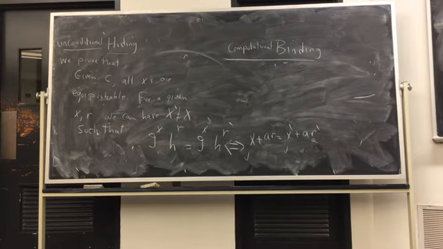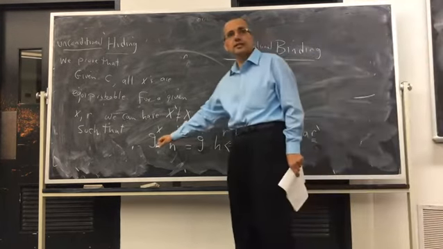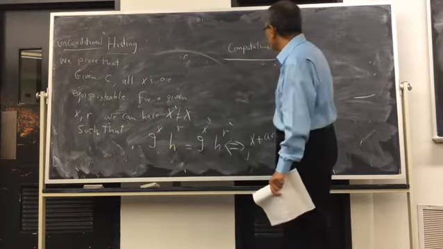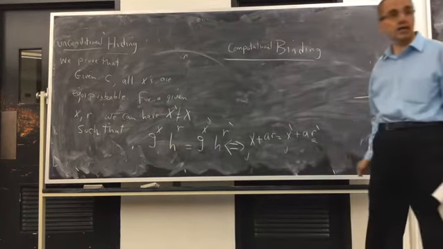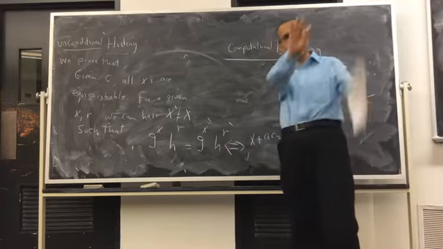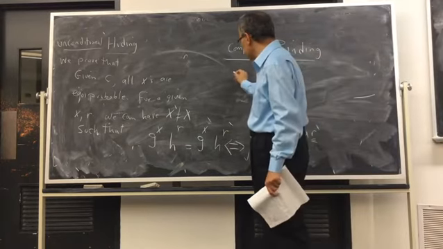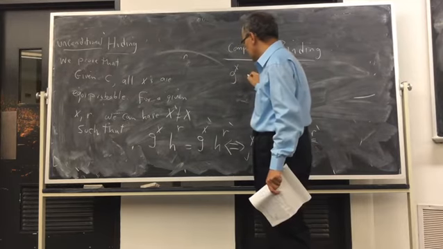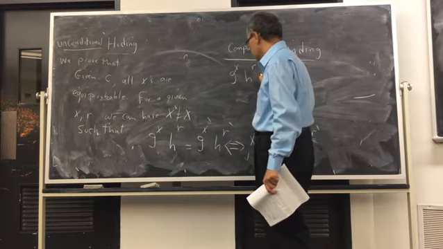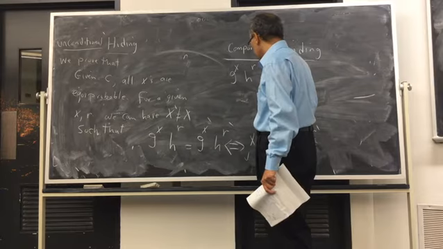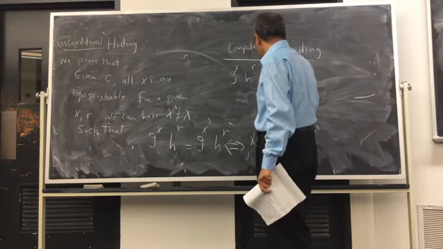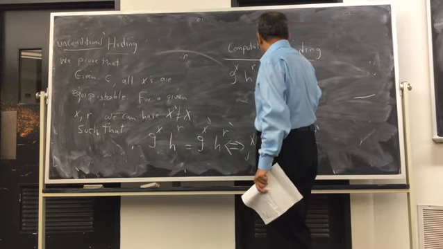So let's prove the computational binding property. How did we prove the computational binding? I started with the same argument, with the same equation. To prove that this scheme is computationally binding, I'm going to start with the same exact equation. So now I'm going to say that g to the power x, h to the power r equals g to the power x dash, h to the power r dash.